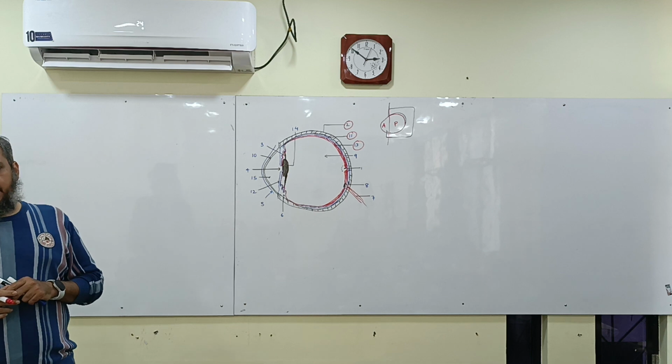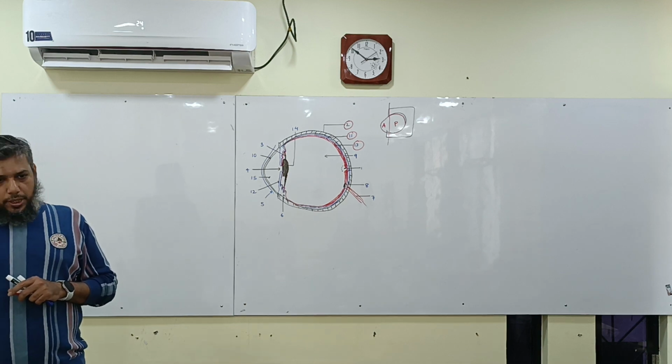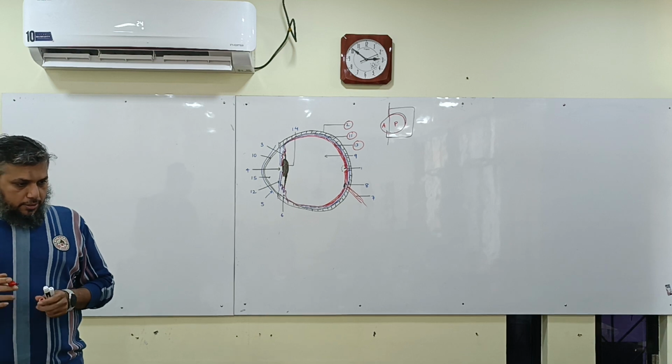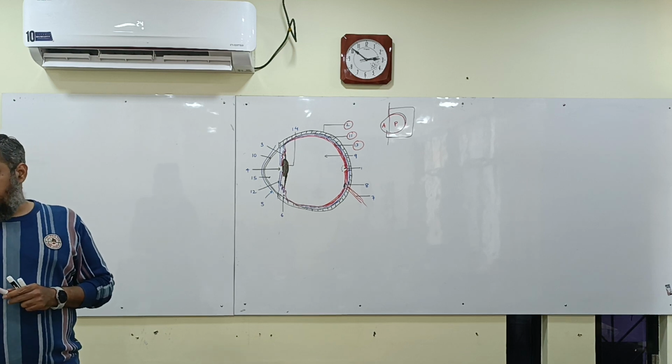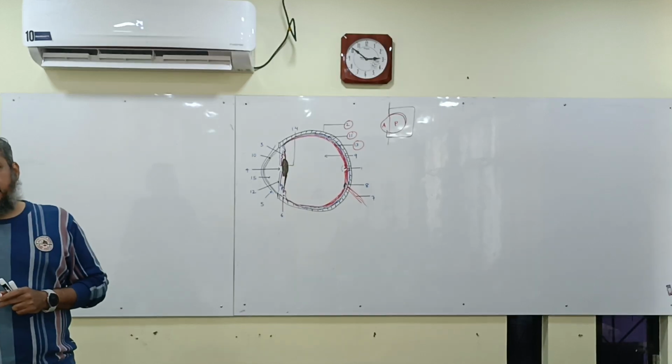In your medicine you studied them as fibrous tunic, vascular tunic, and the retina. Here we simply say sclera, choroid, and the retina.